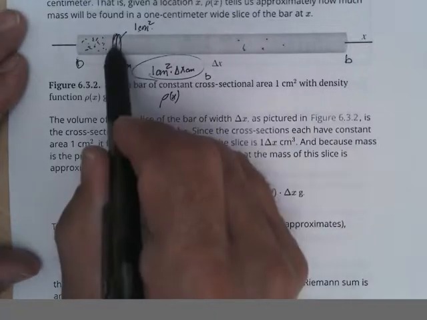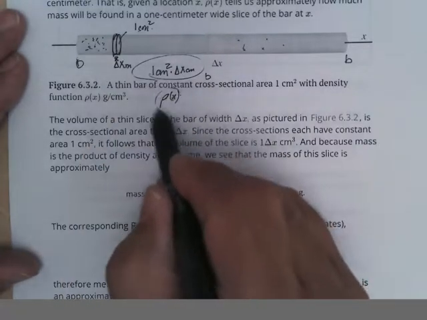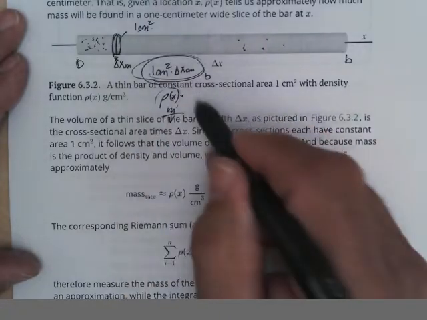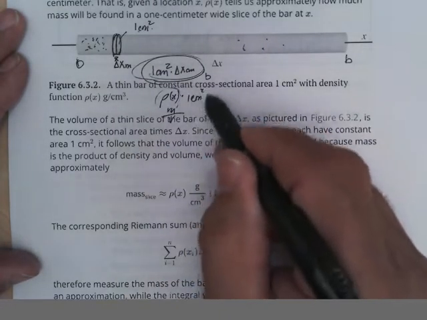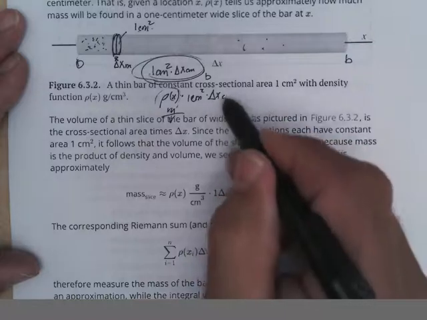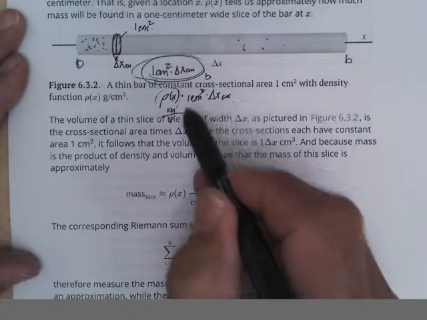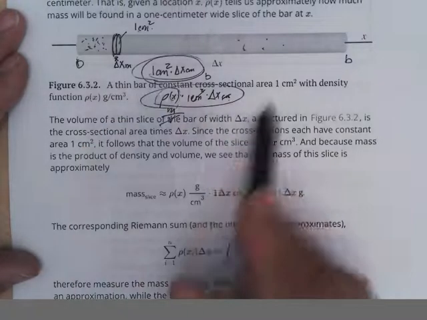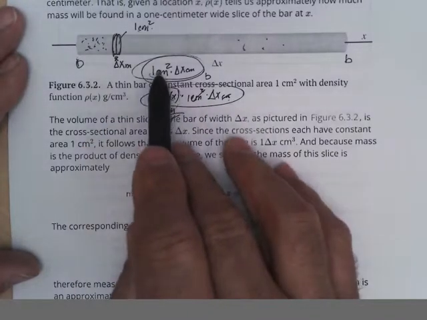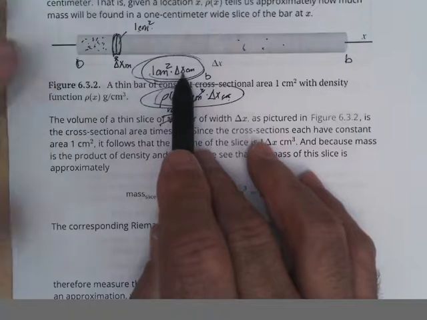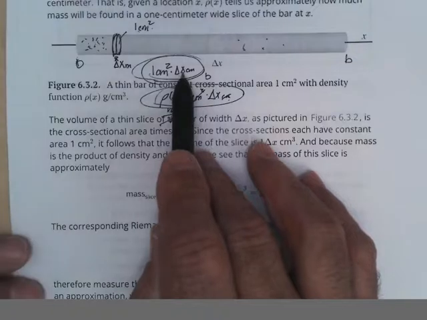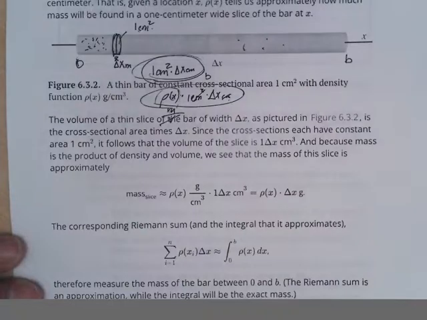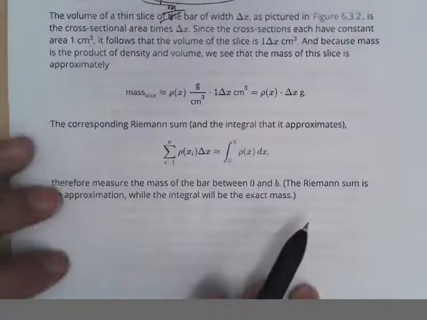And so the mass in that section would be the density, which is mass per volume, times the volume, and the centimeters squared and the centimeters would cancel, and we would get the mass of that section. If we take the density times the cross-sectional area times the length of the bar we're taking, we get the mass in that piece. So that's what they're doing here.